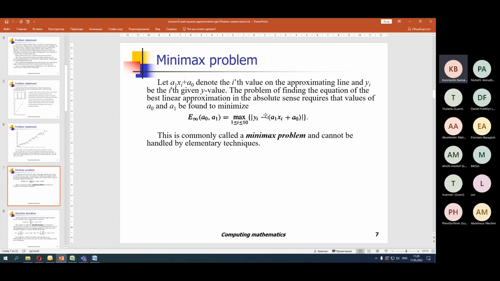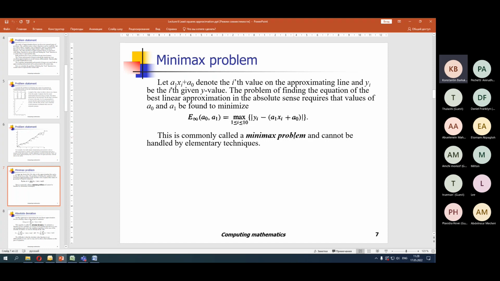And the problem of finding the equation of the best linear approximation in the absolute sense requires that the values of a0 and a1 be found to minimize the absolute error, the largest error between yi and L of xi, a1 xi plus a0.